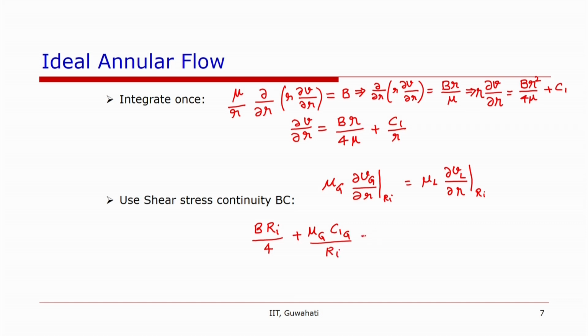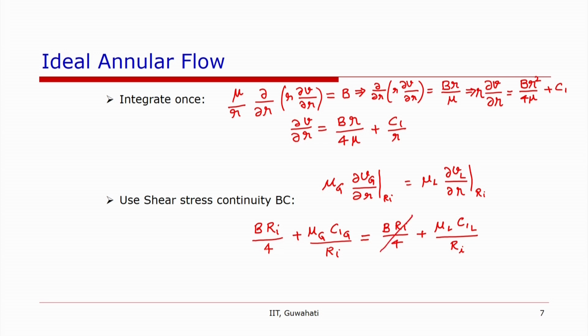Similarly, we can write B Ri by 4 plus μL C1L by Ri.